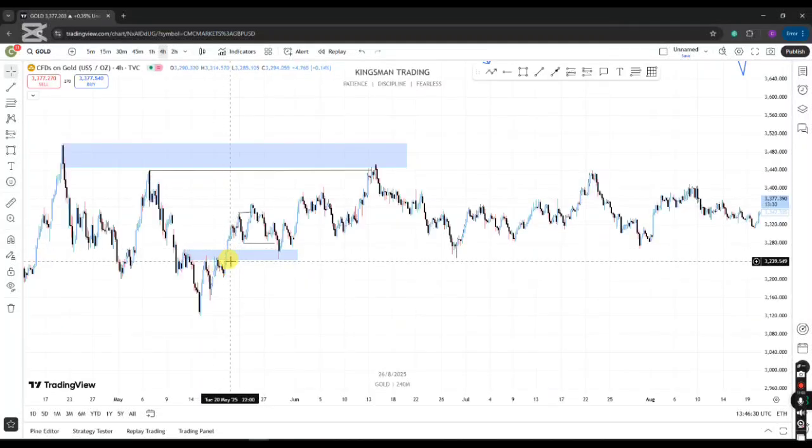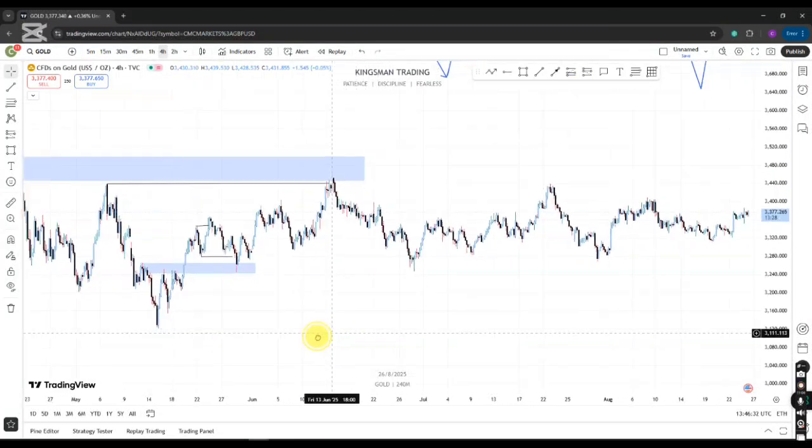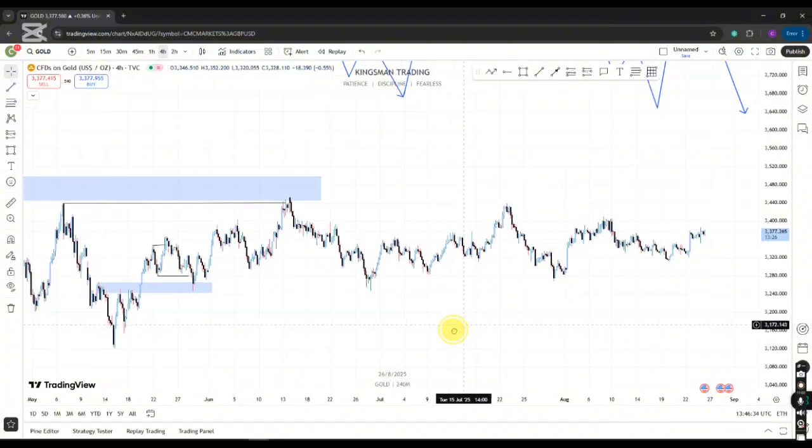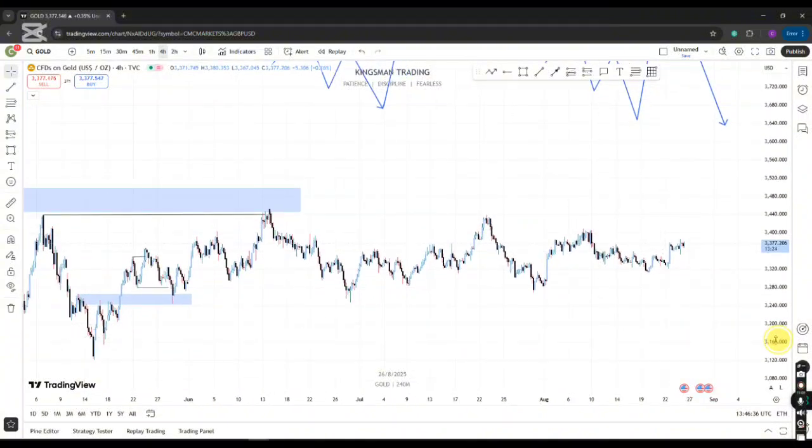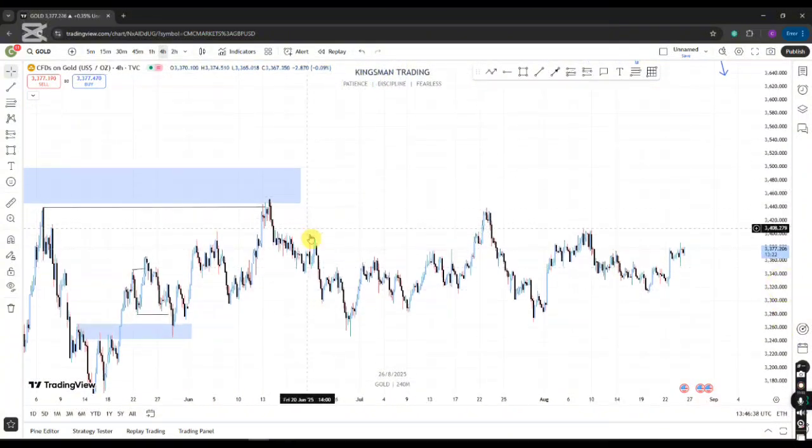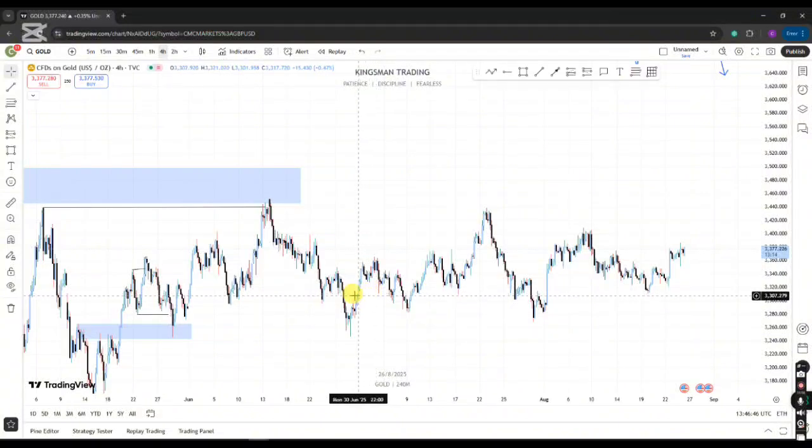And now for a reclaim block. Can I identify this as a reclaim block?